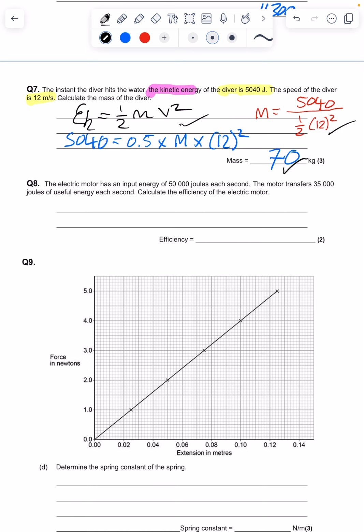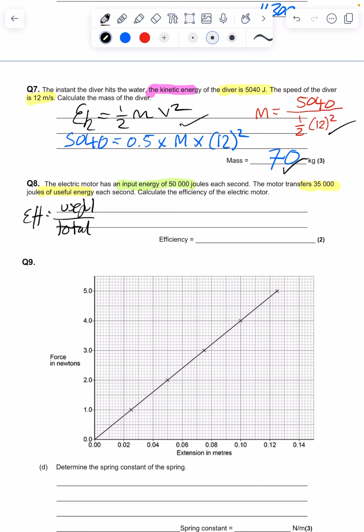Question 8 wants you to calculate the efficiency of the electric motor. So efficiency is useful energy divided by the total amount of energy. So our useful energy here, it says it transfers 35,000 joules of useful energy each second, and it also tells us that it has an input energy of 50,000.